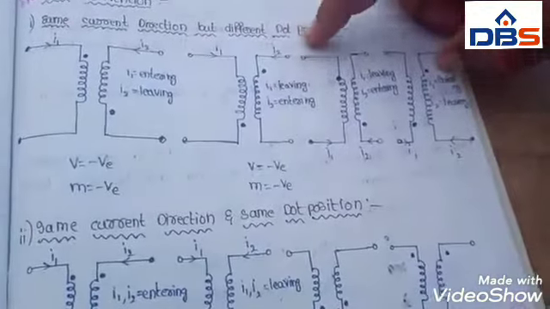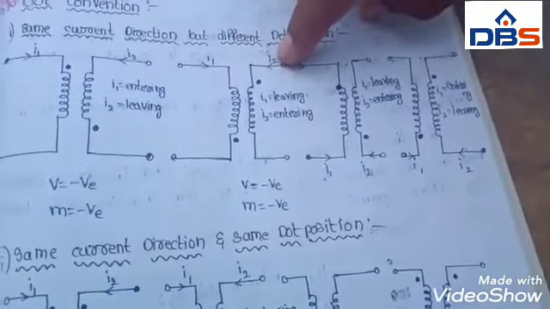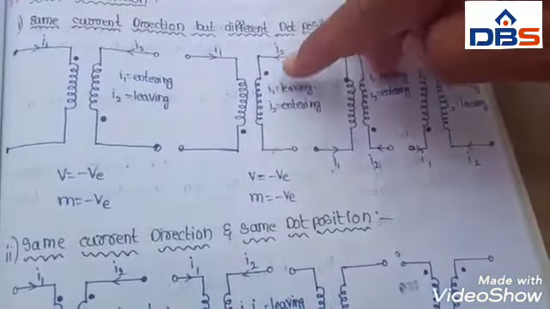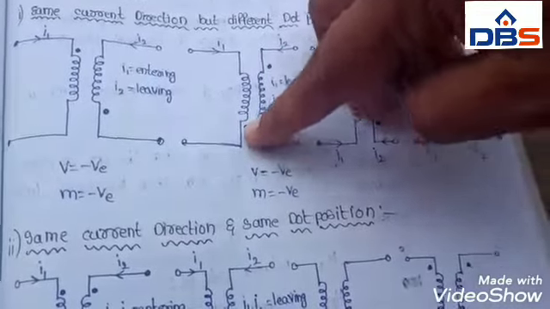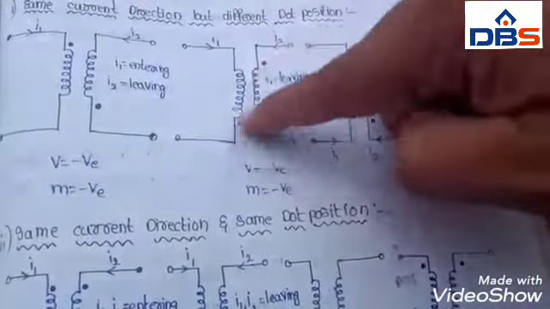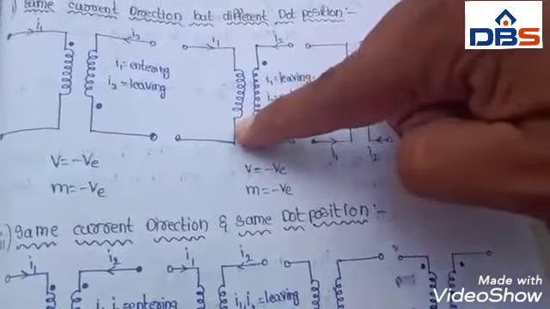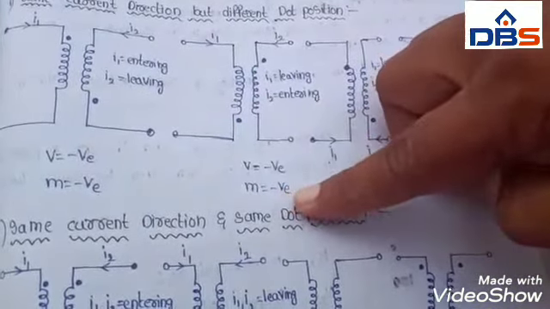The second case: here also this is an incoming current and this is also an incoming current, but in the second coil the dot position is entering and in the first coil leaving, just the reverse of this one. So here entering, here leaving. The voltage is negative and the mutual inductance is also negative.